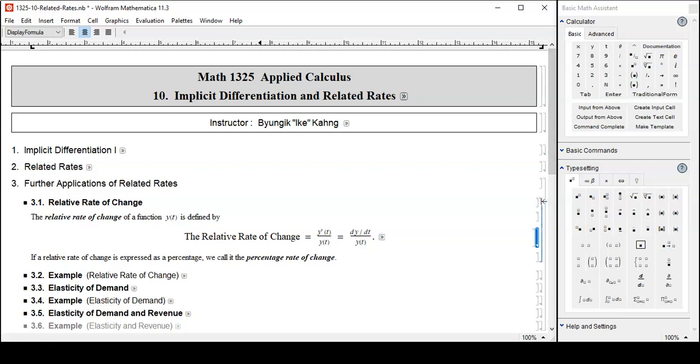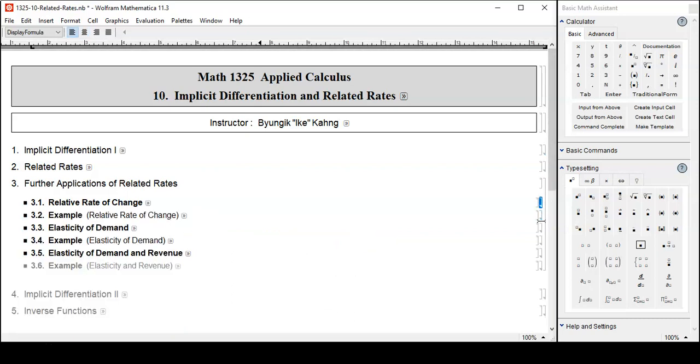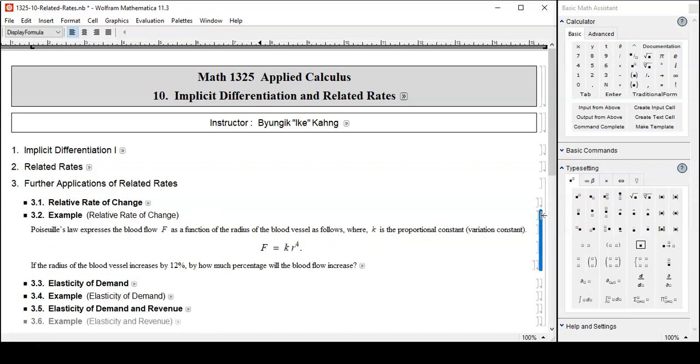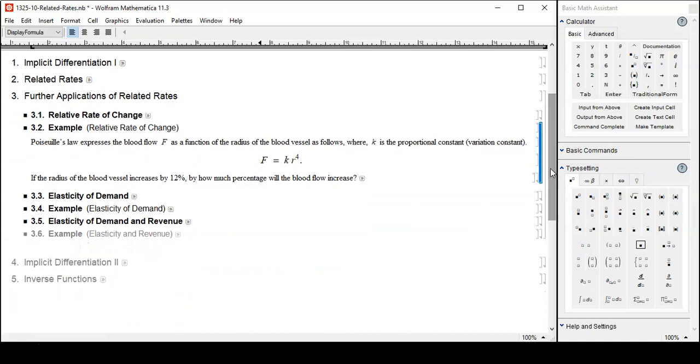Okay, so much for the theory of relative rate of change, and now let's go to an example problem. This example comes from biology. Here we go. Poiseuille's law expresses the blood flow F as a function of the radius of the blood vessel as follows. F is k r to the 4th power. That is, the blood flow is proportional to the 4th power of the radius of the blood vessel.